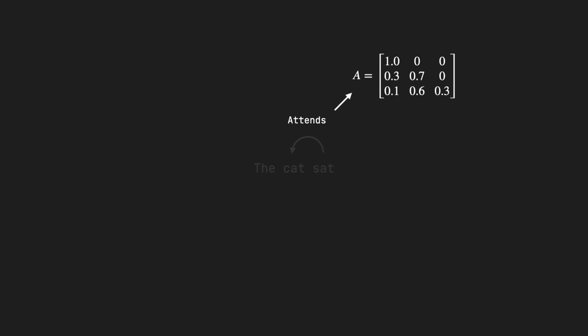You start by working with something called an OV circuit, an output value circuit. In this example, the token sat will attend to cat. It could also attend to the word the. And it does so by using this matrix in a specific attention score that gets calculated using a softmax.